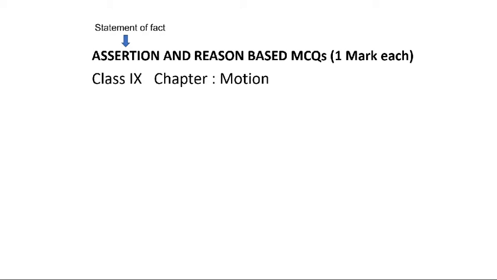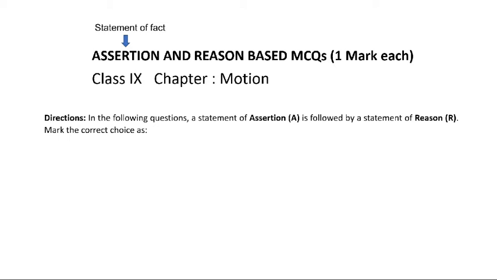So the moment you find assertion and reason based MCQs, you will find initially the directions, right? And what that direction tells us is that there will be a statement of assertion, okay? Bold assertion in brackets, bold A, and then that is followed by a reason R, okay?